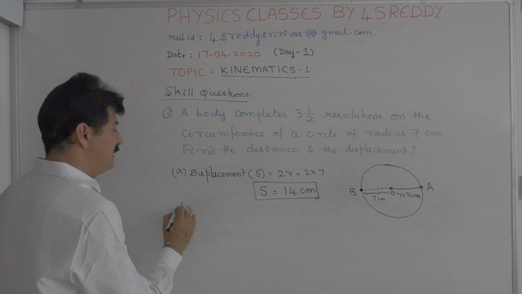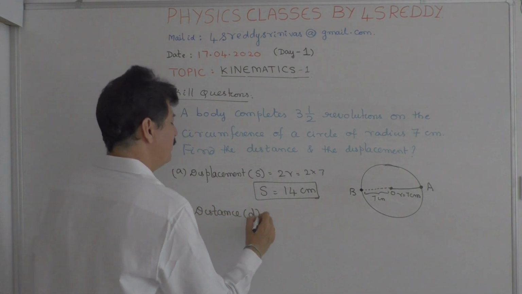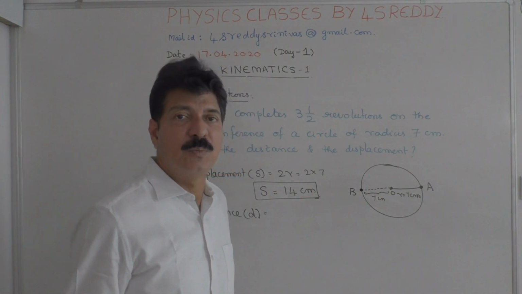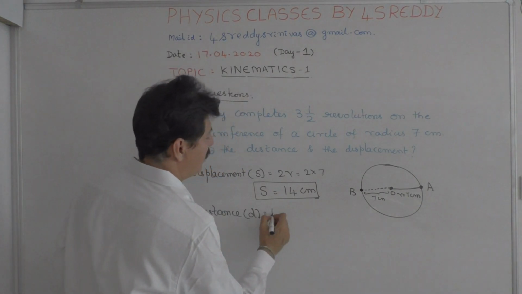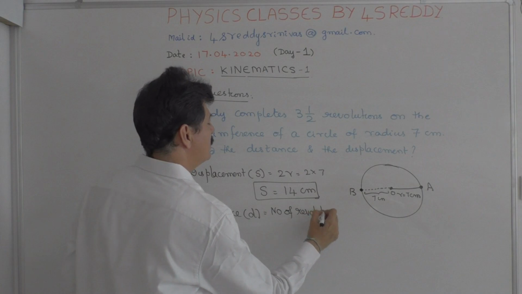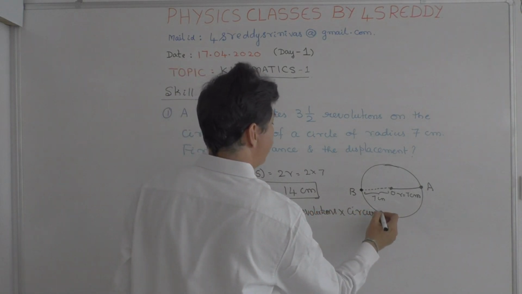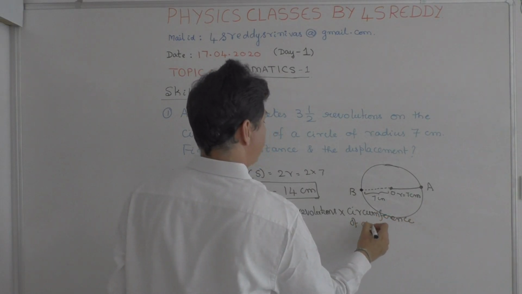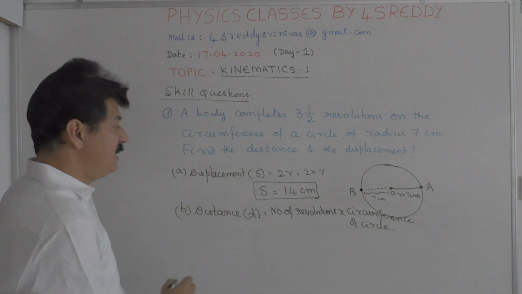But the distance, for 1 revolution, the distance traveled is 2 pi r. For N revolutions, it is N into 2 pi r. That is, it is always given by the number of revolutions into the circumference of the circle.